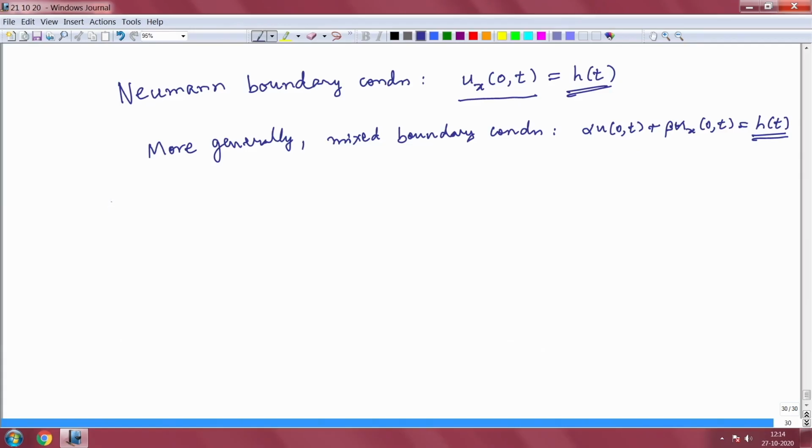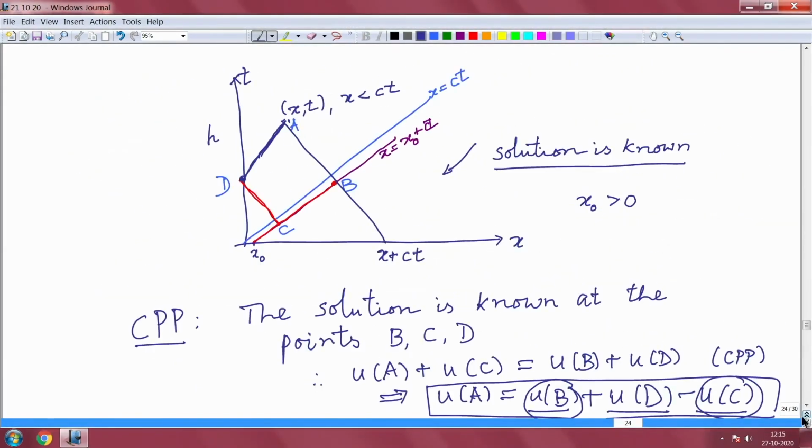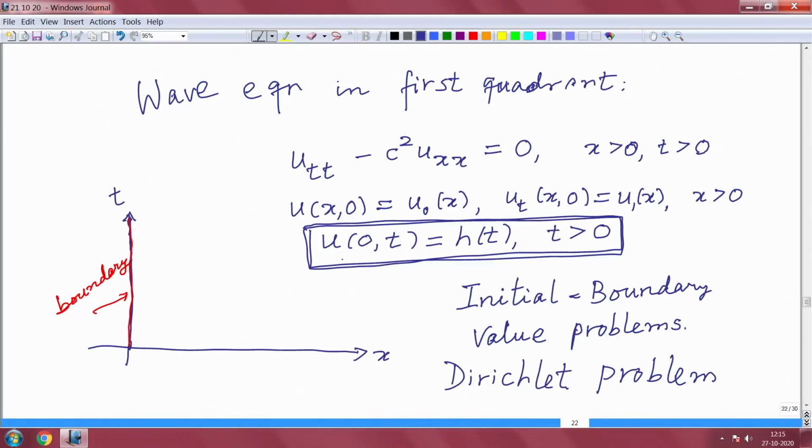Just one remark, as we come to an end of this lecture. In the Dirichlet boundary value problem, suppose the boundary data h is identically 0.